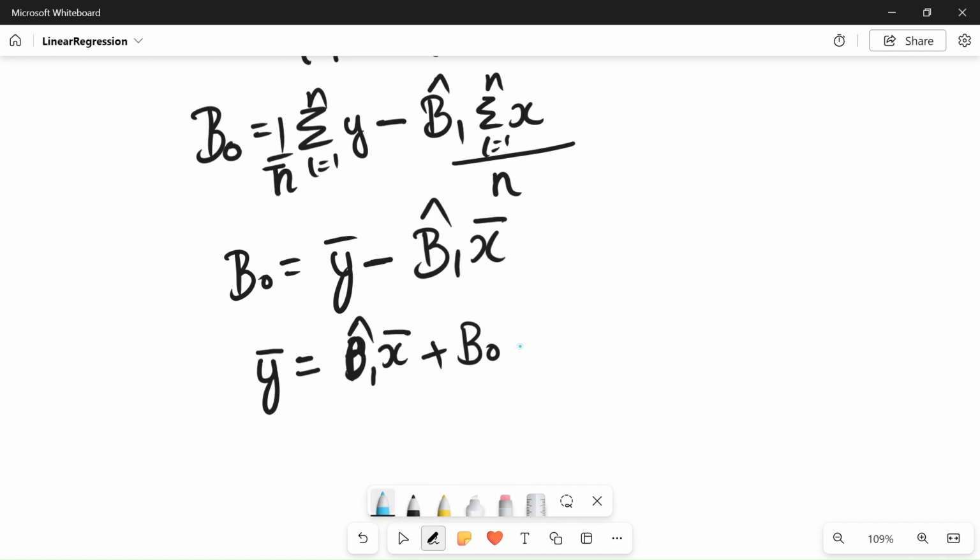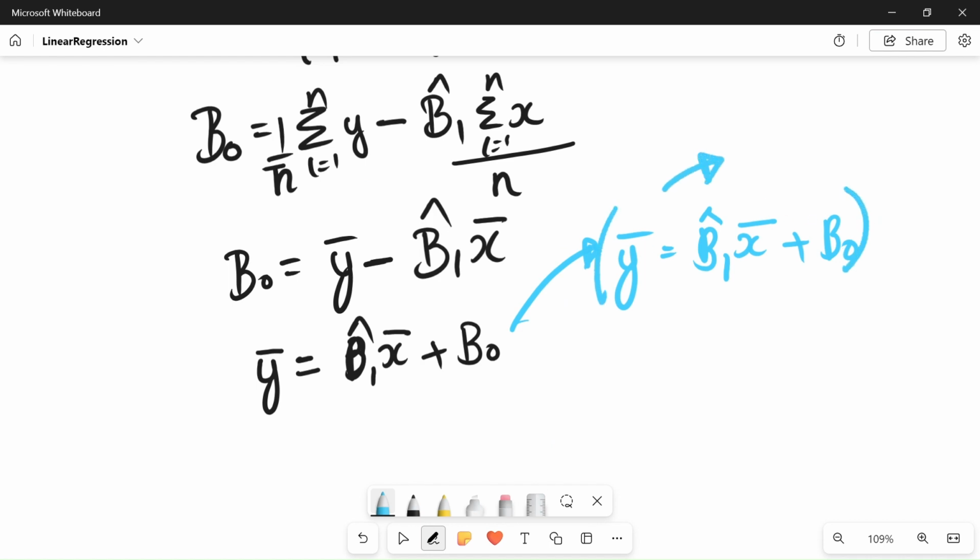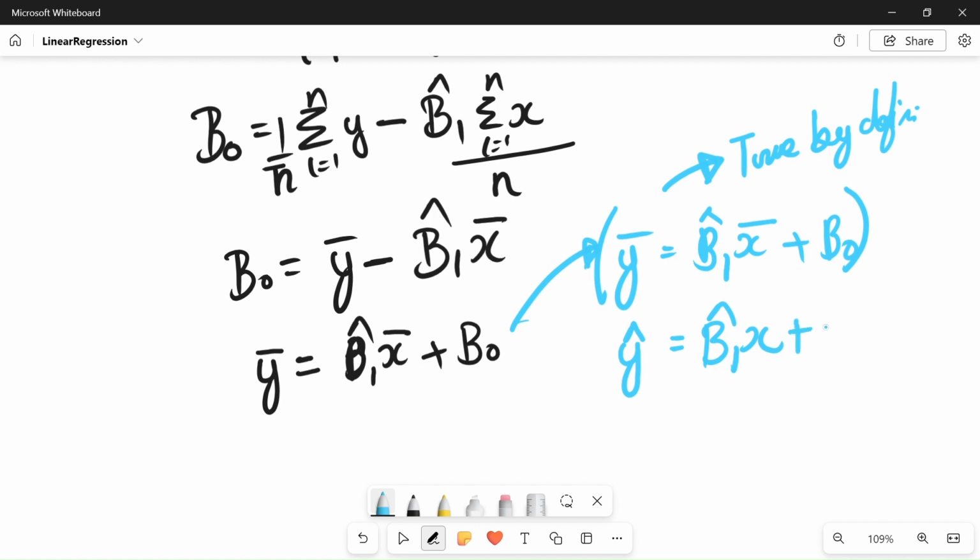Now let me write in another color. y bar equals beta 1 hat x bar plus beta naught. So how did we get this result? We got this result after differentiation of the function with respect to beta naught, and this value is true by definition. By that I mean that the original equation looked like this: y hat equals beta 1 hat x plus beta naught.